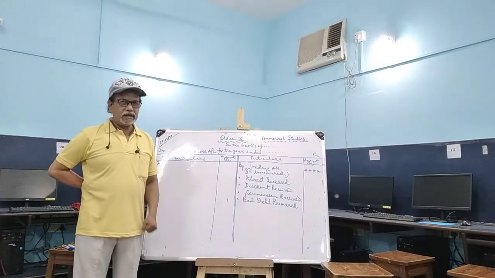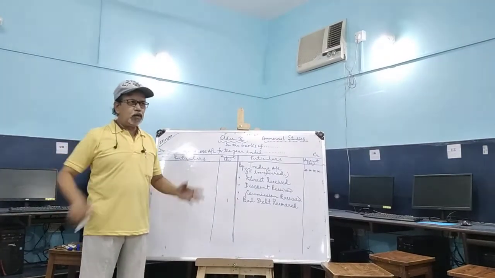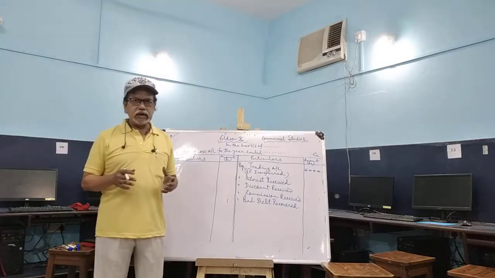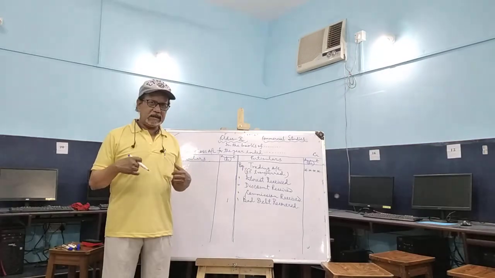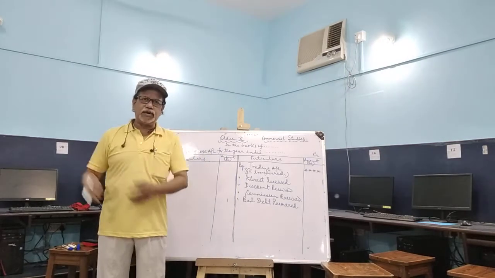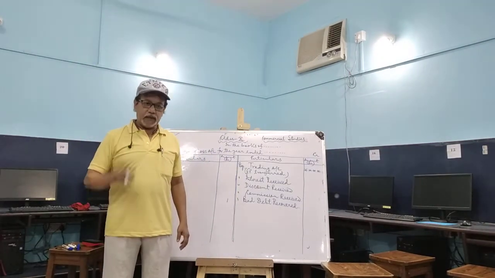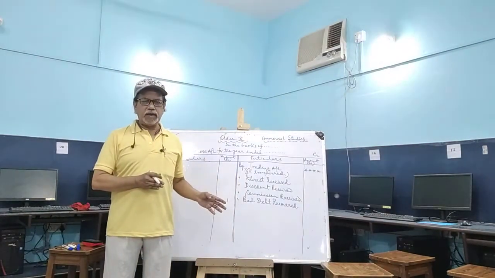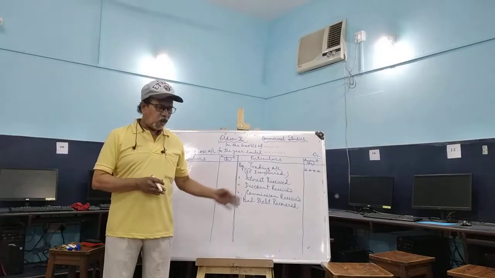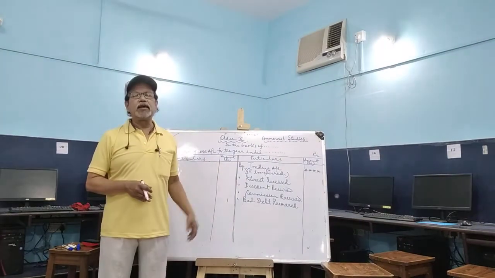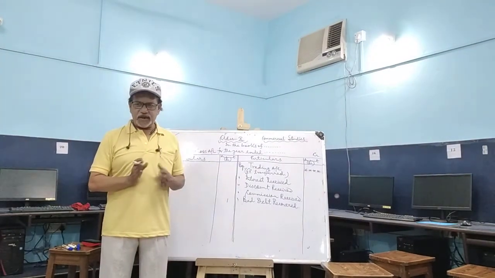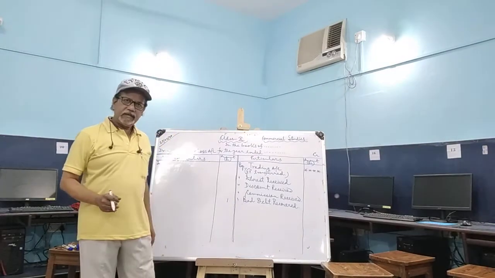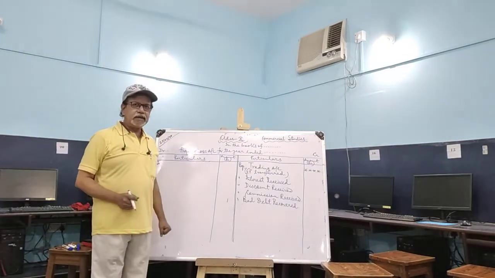Carriage outward, lorry fare, for the goods which we are selling. Our customer may say, you send us the goods, we'll pay the value. But at present, we are paying the lorry fare. That is to be recorded. That is called carriage outward.